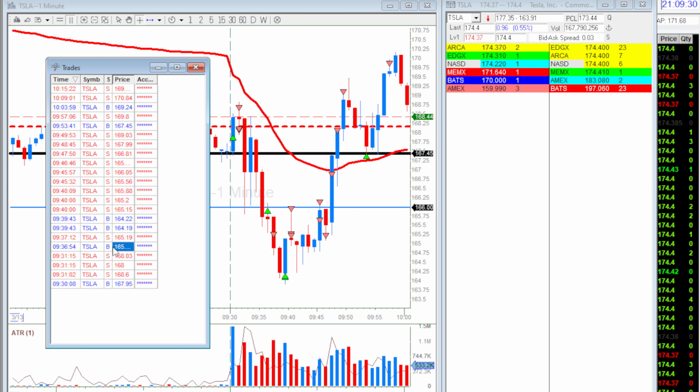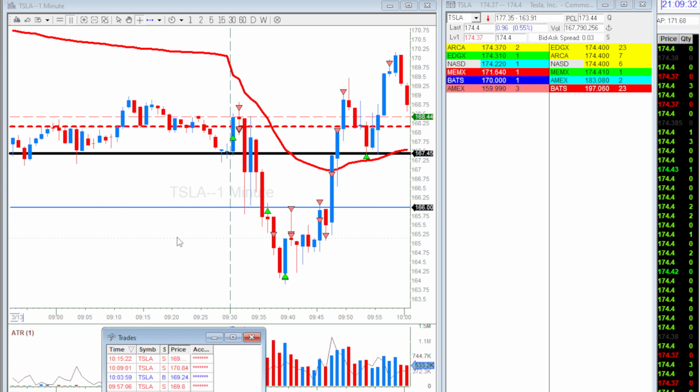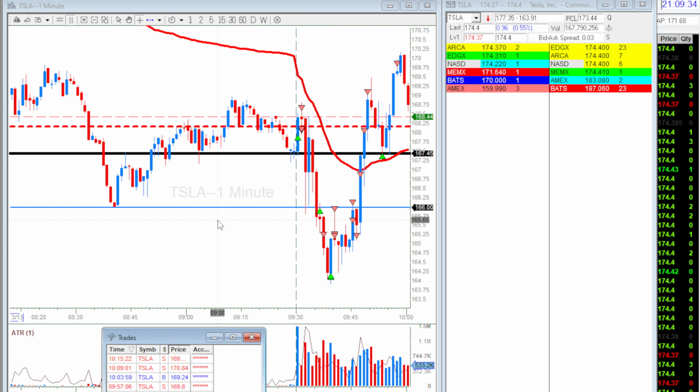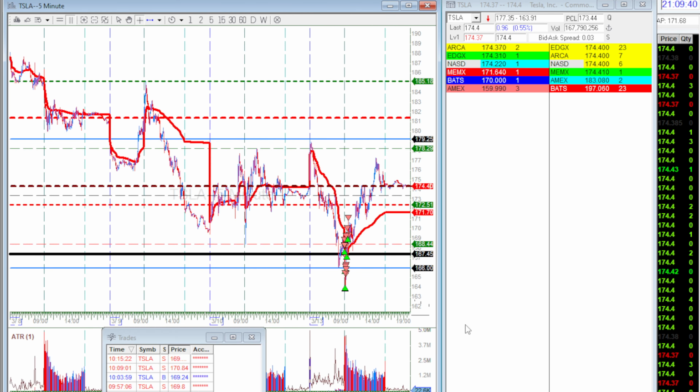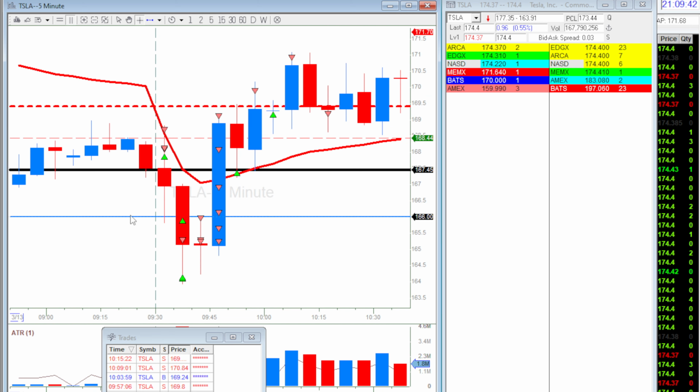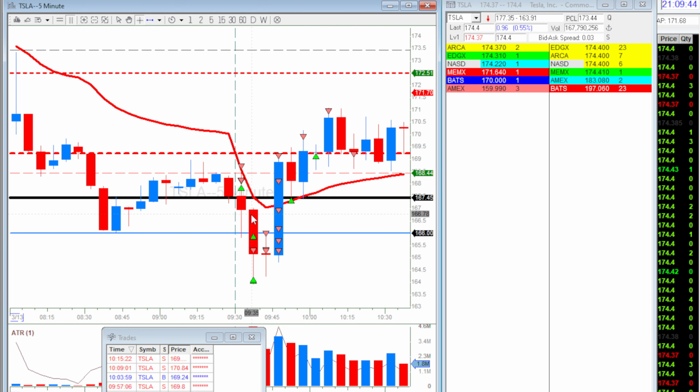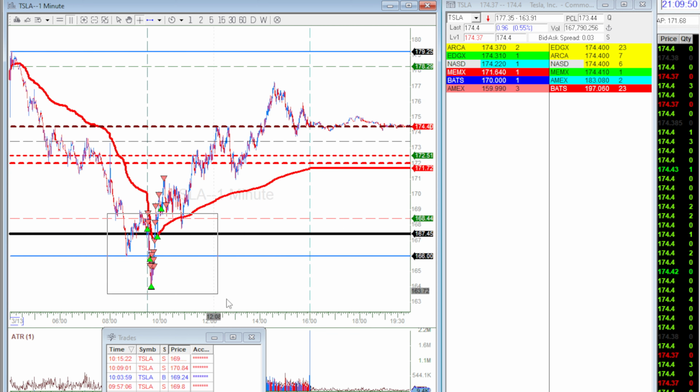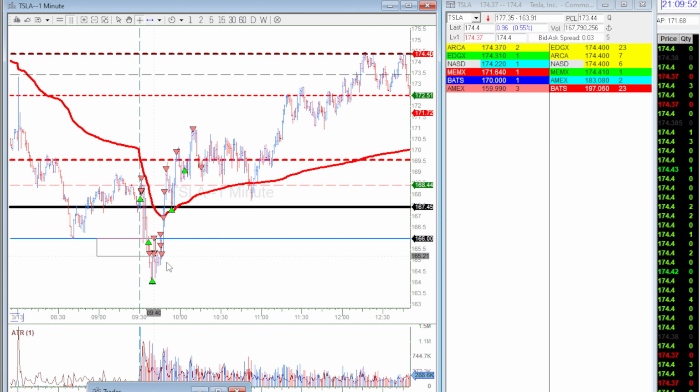Yeah, so the next entry was this one, when it was holding. It was actually holding this 166 area here, but I was being careful. That's why I stepped out, because it's kind of like a 5 minute ORB down. That's why I just stopped out immediately on my trade.